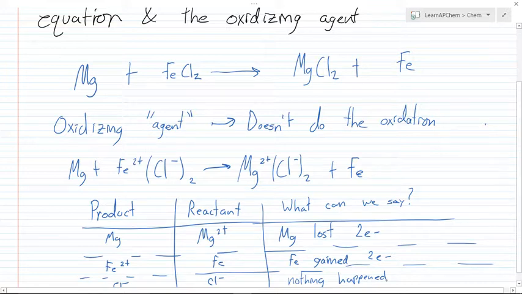Alright, so remembering that our oxidizing agent isn't the one doing the oxidation. Oxidation is defined as the loss of electrons.